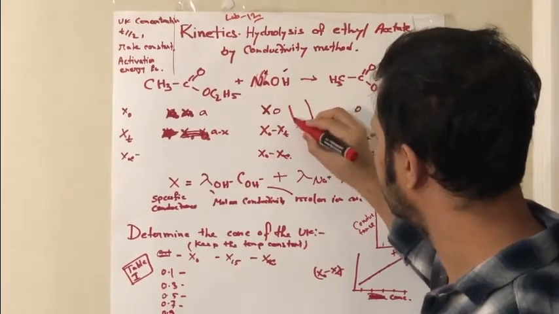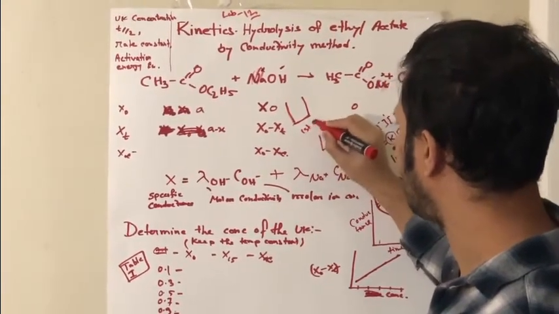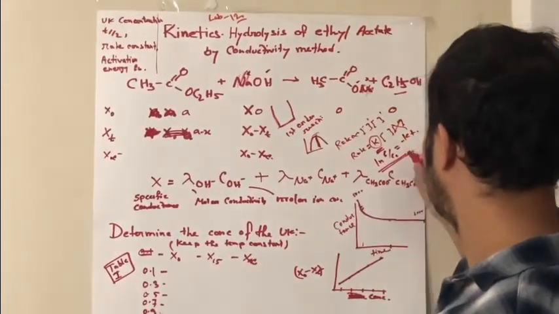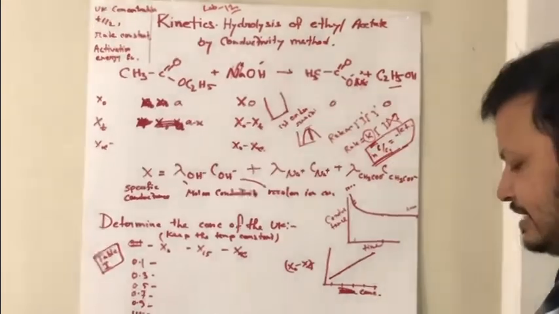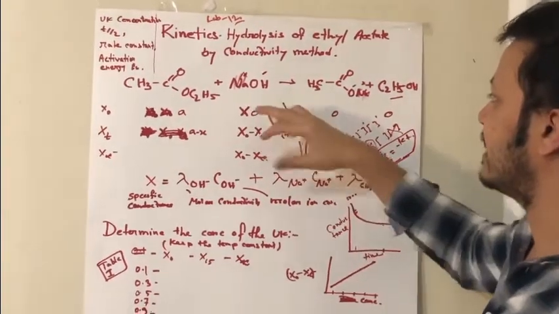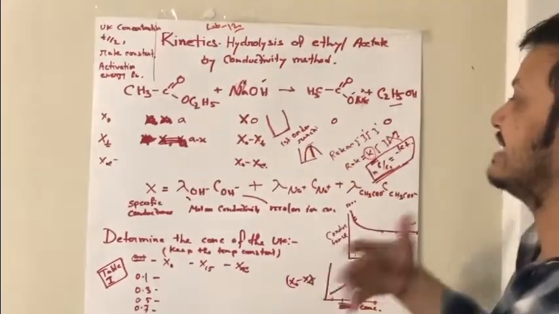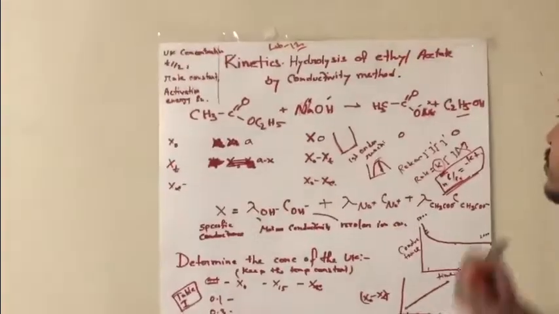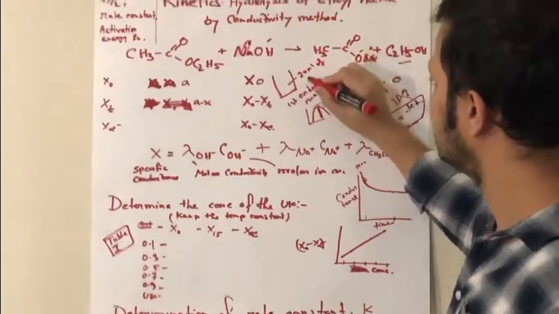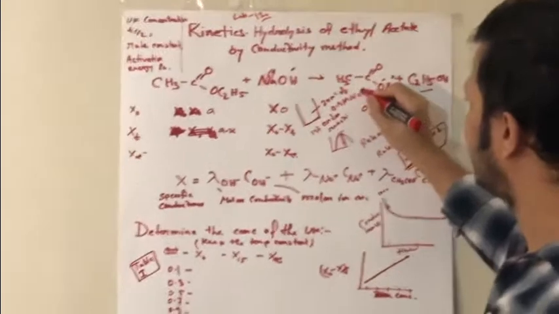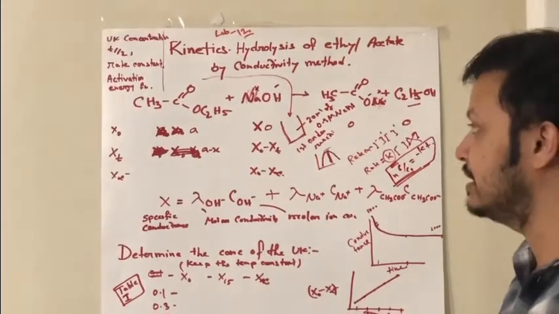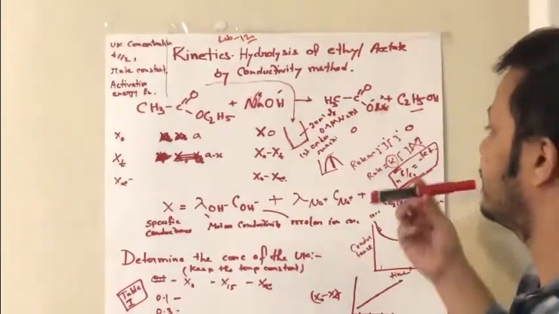Why? To convert it to a first order reaction, because the first order reaction equation is very simple. So we convert it to a first order reaction by using a much greater excess amount of the sodium hydroxide. We normally add 20 ml of 0.5 molar sodium hydroxide, and here we will add a very little amount of ethyl acetate.